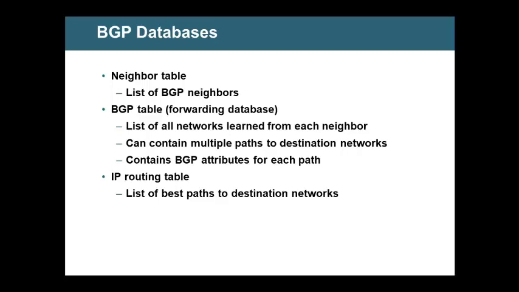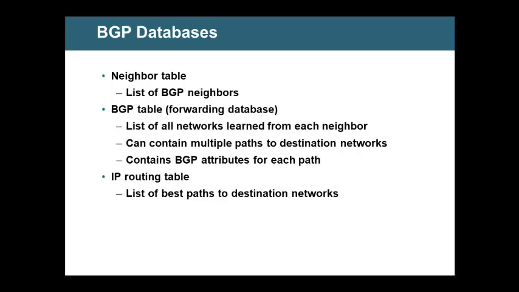So in the BGP table, we see the networks that you may have learned from other neighbors, as well as the networks that we advertise from this local router, and the attribute that is attached to each network.